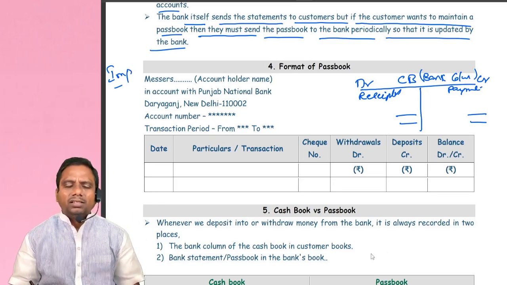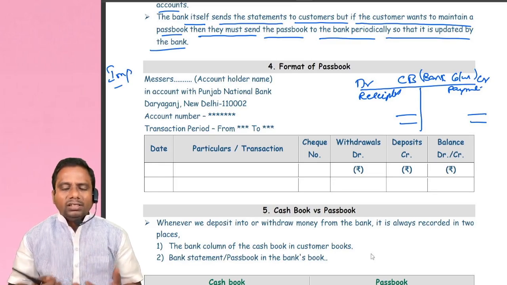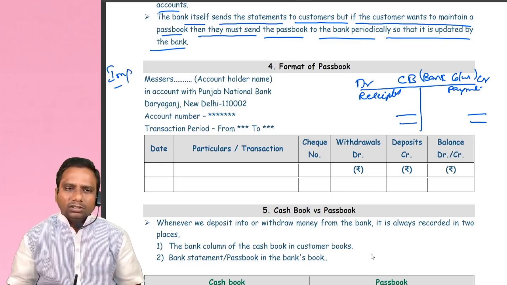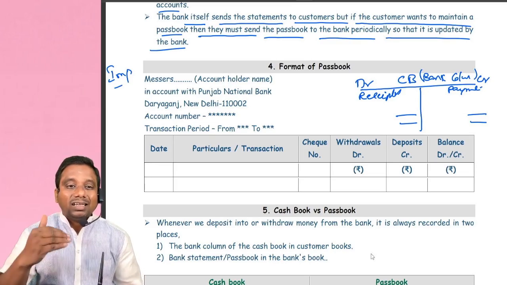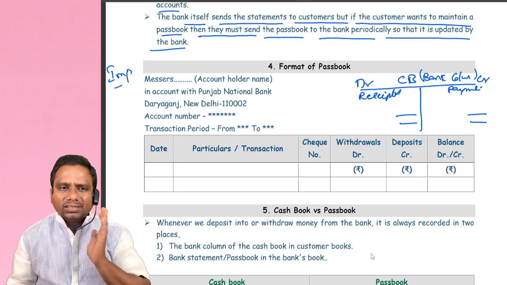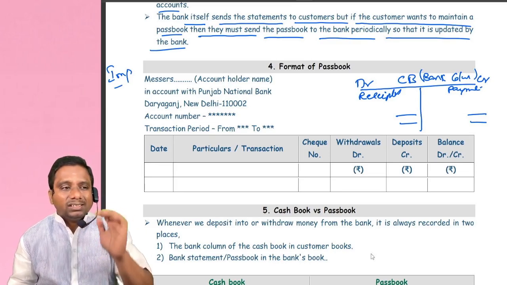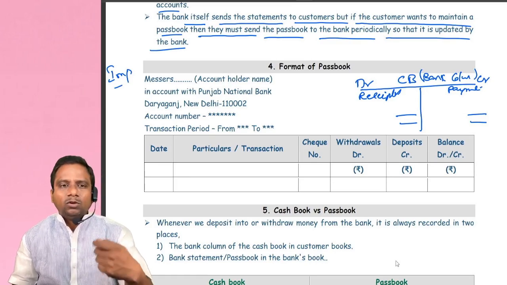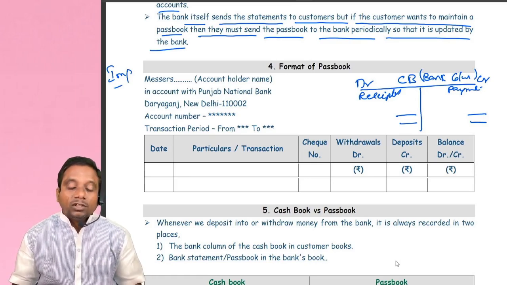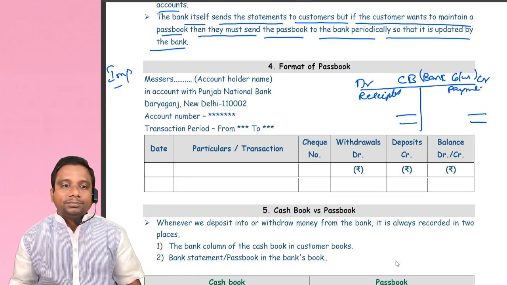Sir, why will the bank maintain the customer account like this only? Why doesn't the bank maintain the customer account in T-shape format? See, in the bank, what happens? Customer will deposit money, his account balance will increase. Customer will withdraw money, his account balance will decrease. Suppose any amount is withdrawn by the customer, first we have to check whether we have this much balance in the bank or not.